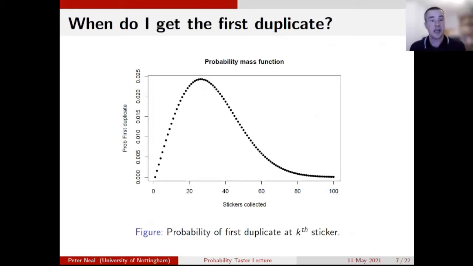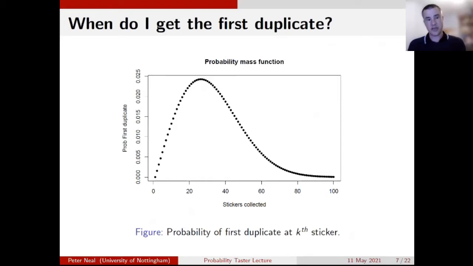So no particular outcome has a particularly high probability, but what we can see is the probabilities increase to a peak. So initially, it's quite likely that our stickers are distinct, but as we get more and more, there becomes more and more chances that we'll get a sticker we already have. And the peak is reached around 20, and then it starts to decrease.